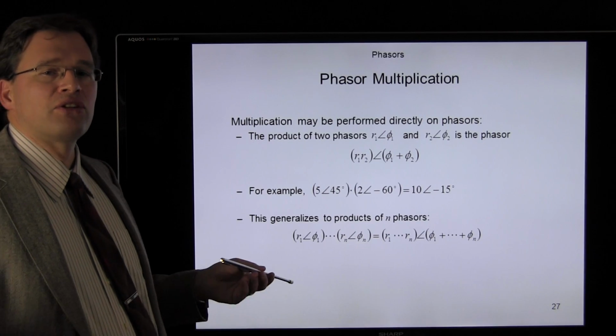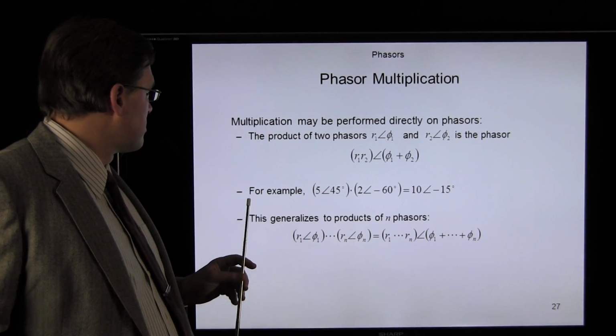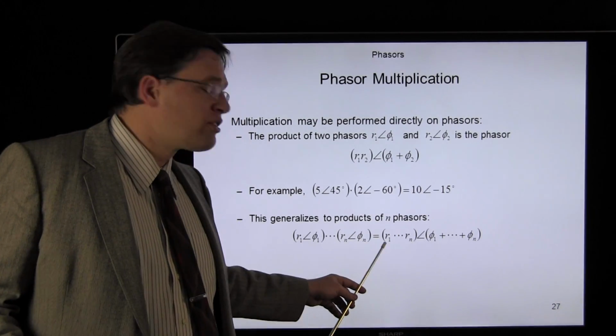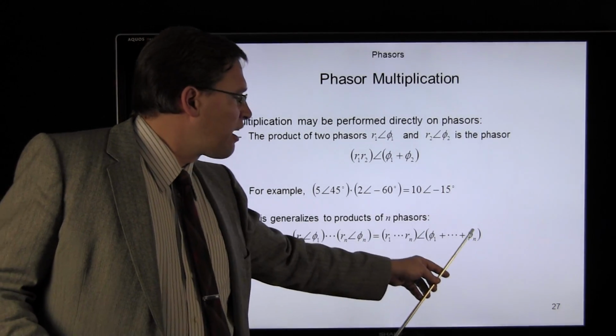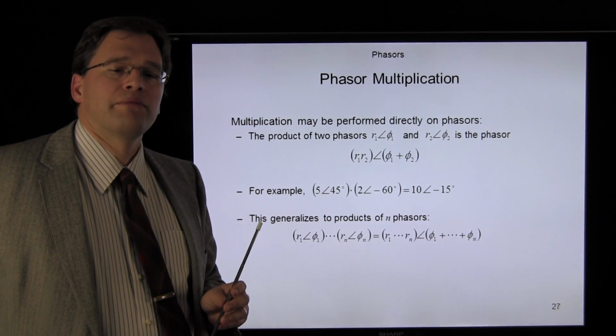This generalizes to arbitrary products. If I want to take the product of n objects, that's just the product of the n magnitudes with a phase that is the sum of the angles.